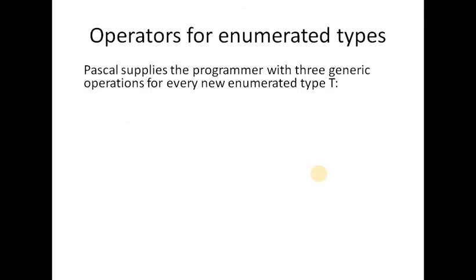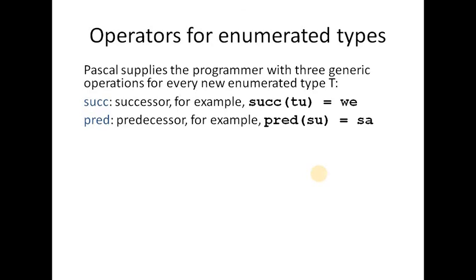Operations for enumerated data types: Pascal supplies the programmer with three generic operations for every new enumerated type T. SUCC is the successor, for example, SUCC(Tuesday) is equal to Wednesday. PRED is the predecessor, for example, PRED(Sunday) is Saturday.